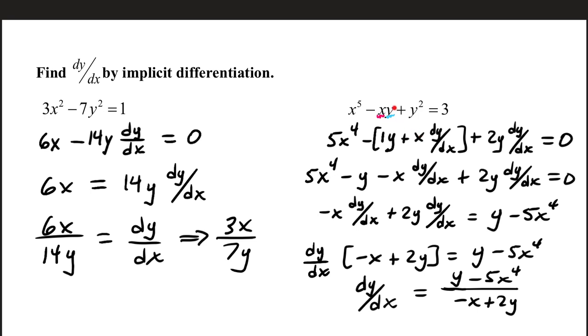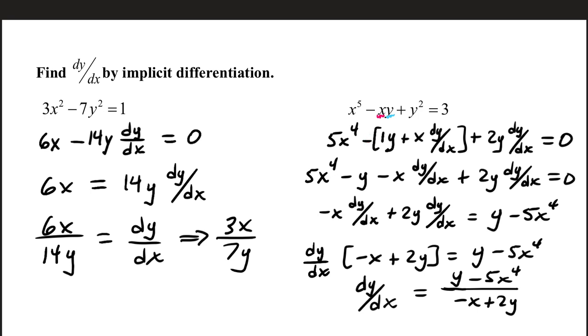The derivative of y is 1 dy/dx. Third term is strictly a y variable. Its derivative is 2y dy/dx, because again, if your letter is different, you have to use chain rule. Any constant has a derivative of 0.